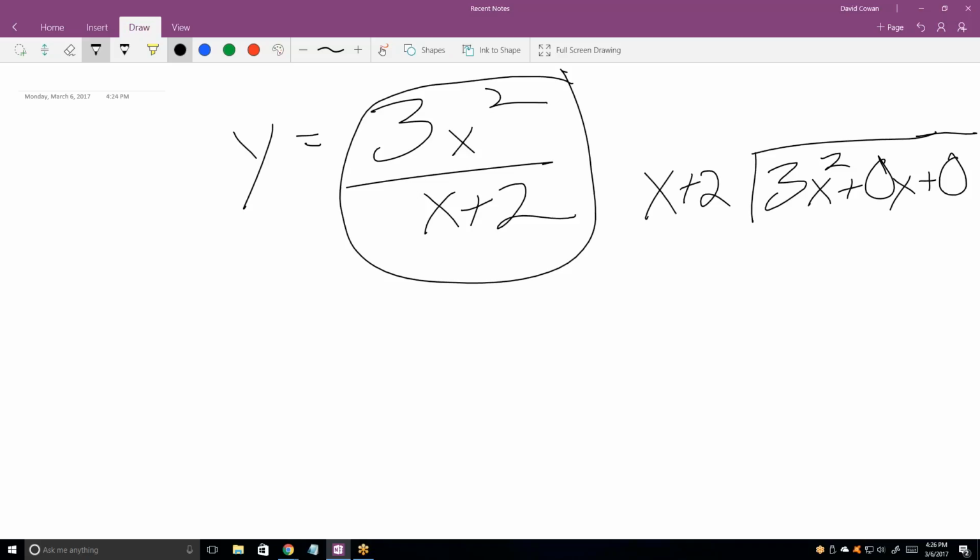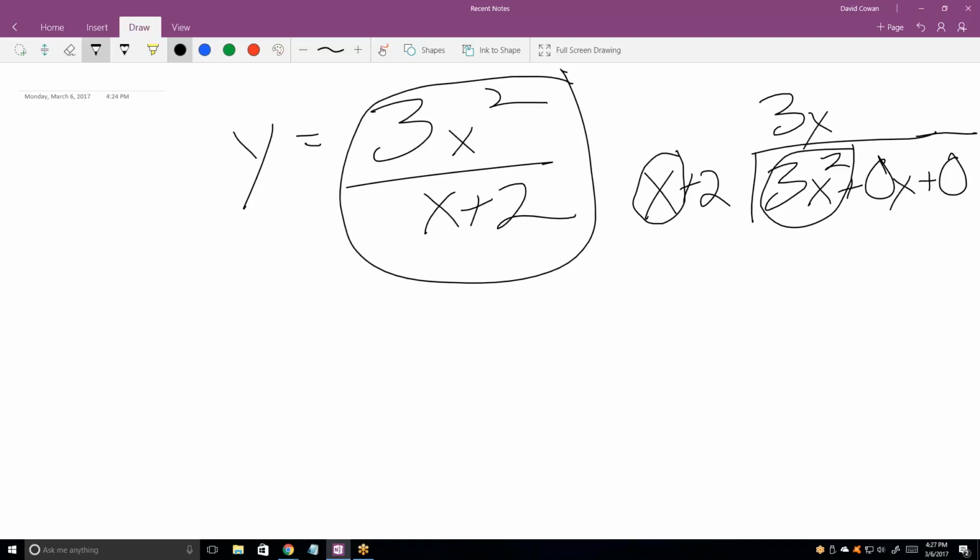Do you know how to do this long division? I don't. Make sure you do. Okay. It's not hard. You take this term here and divide it into that term as your first step, no matter what else is there. What's x divided into 3x squared? Is it just 3x?